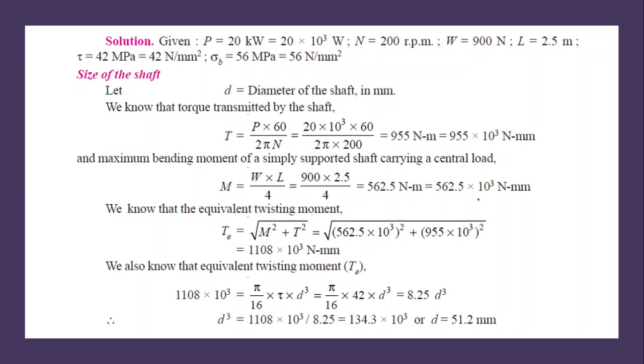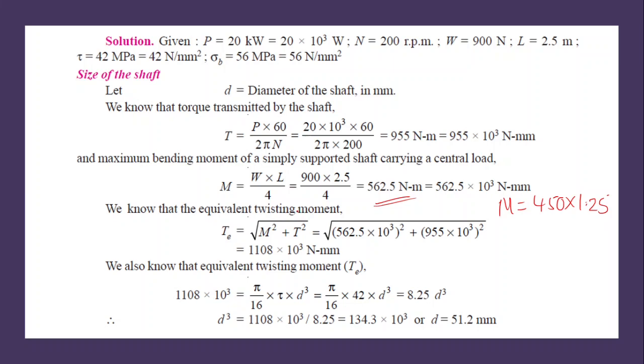The maximum bending moment is equal to 450 into 1.25 Newton meter. That's the same as 900 into 2.5 by 4, that's equal to 562.5 into 10 raised to 3 Newton mm.